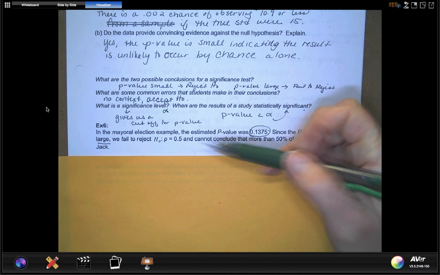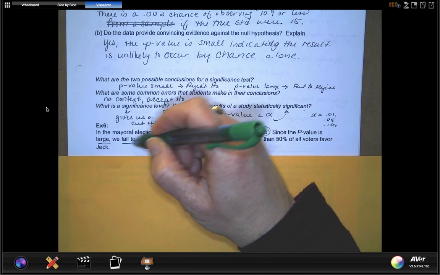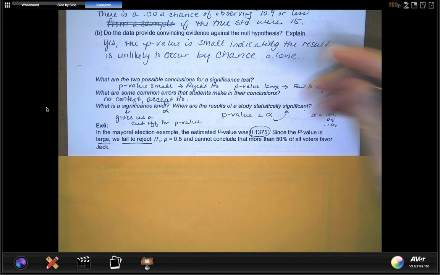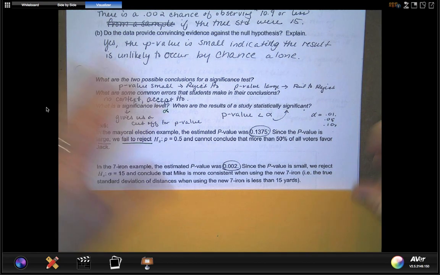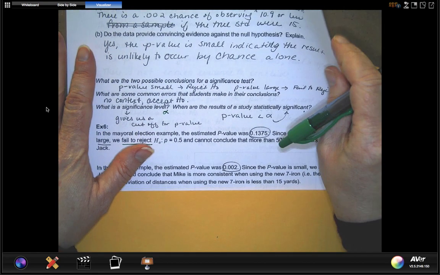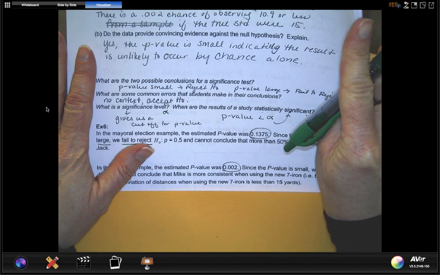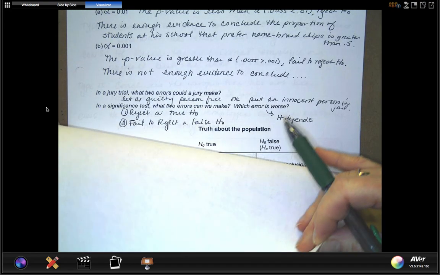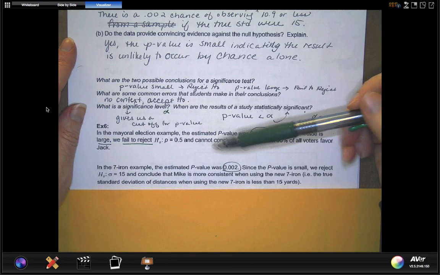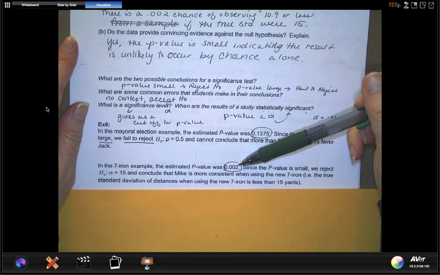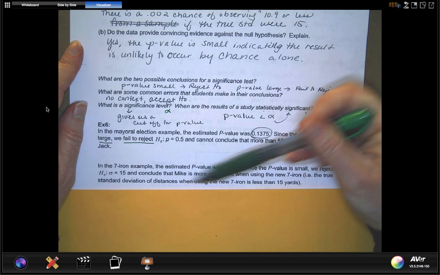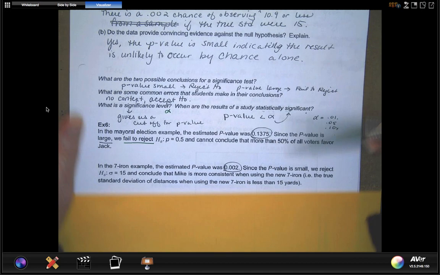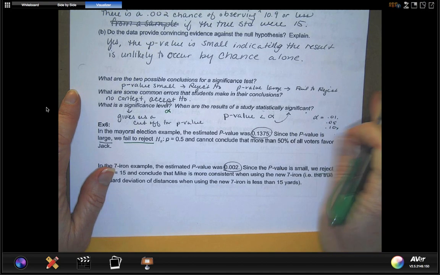So I would do something called fail to reject, and I can't conclude that more than 50% of the voters favor Jack. With Mike, his p-value is small, so I reject, and I can conclude that he's more consistent. I'll go over fail to reject and reject on the next page.